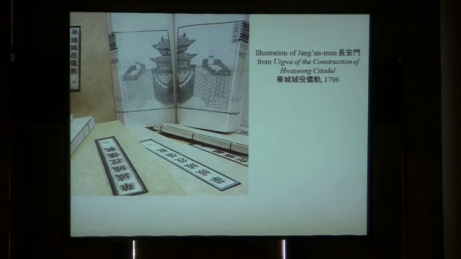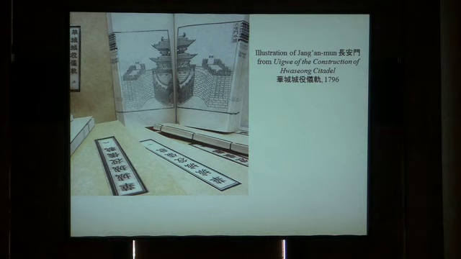And so finally, my last slide shows the illustration of the Changan-mun. It's one of the gates of the Hwasong citadel. And this is the Uigwe, which was produced right after the building of the citadel Hwasong.